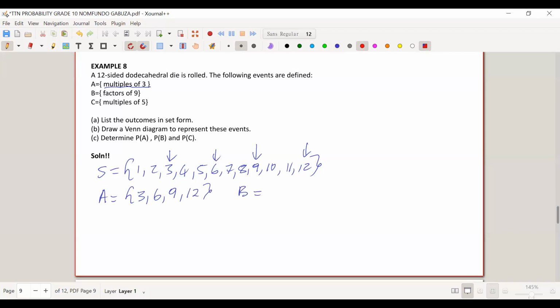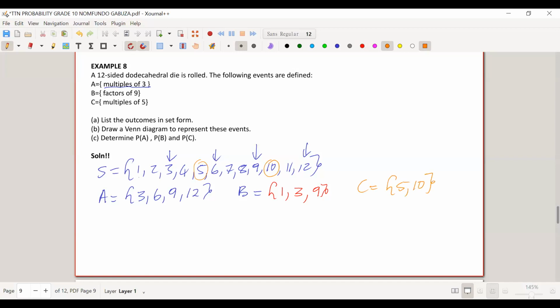So 1 divides 9, which means we're going to have 1, 3, and 9. For C, we have the multiples of 5, which are going to be 5 and 10. So this is our A, B, and C.